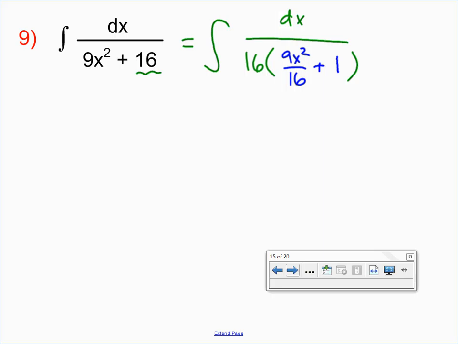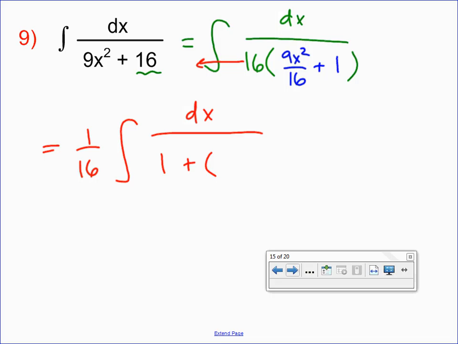So we can kick that 16 on the bottom out front as a constant multiplier, 1/16 times the integral of, and we'll rewrite that bottom with the 1 plus first, and if we can only make that look like an argument quantity squared. What argument quantity squared would equal 9x squared over 16? What's that going to have to be? Colin? 3x over 4. Nice.